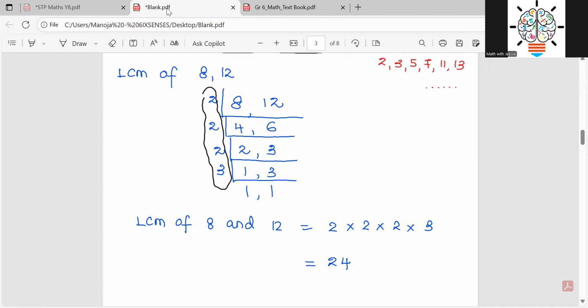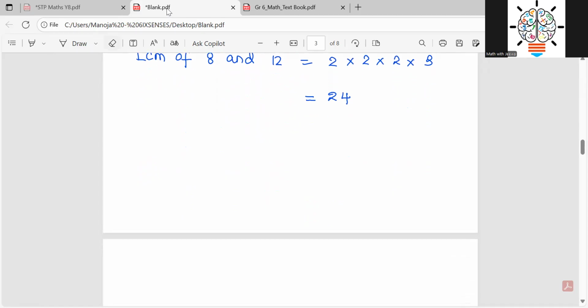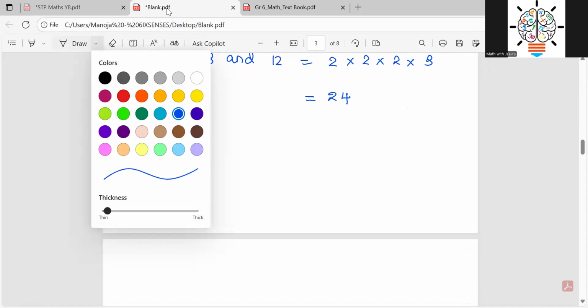But I'm going to prove it now. I take a totally different color.